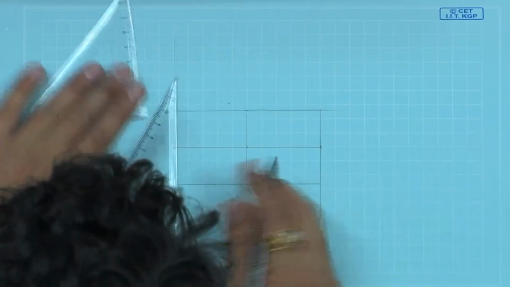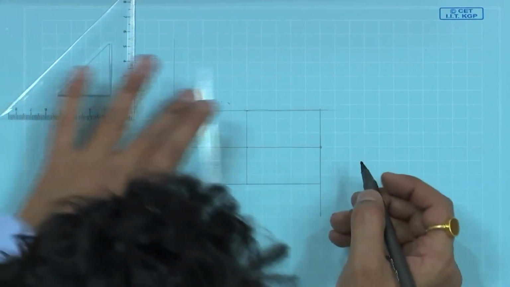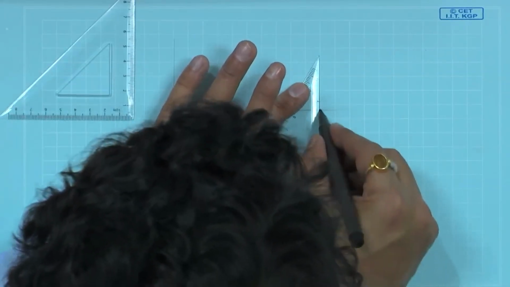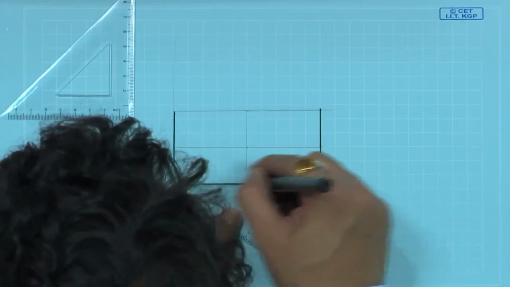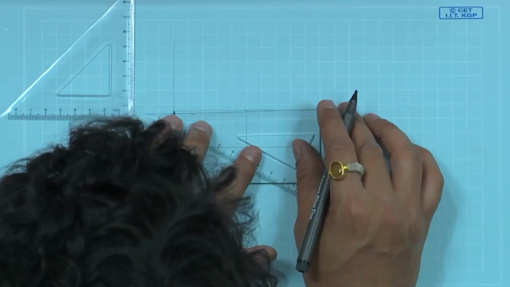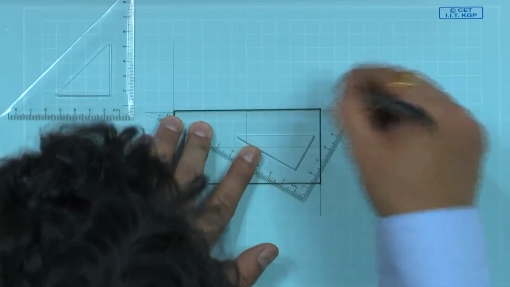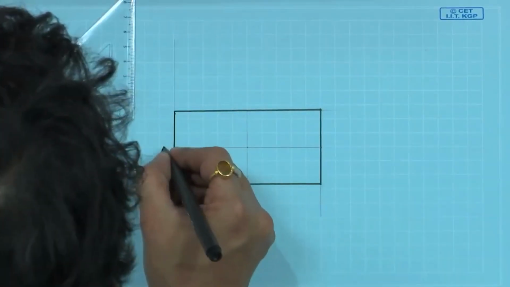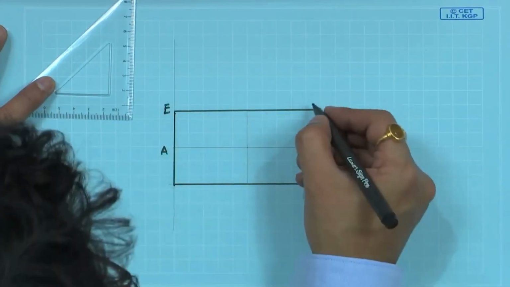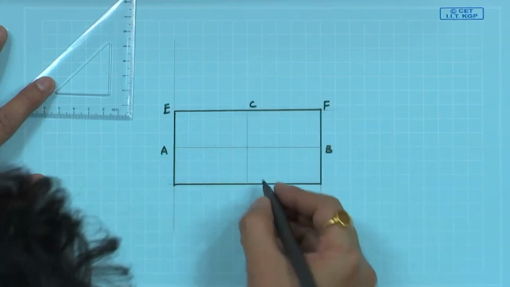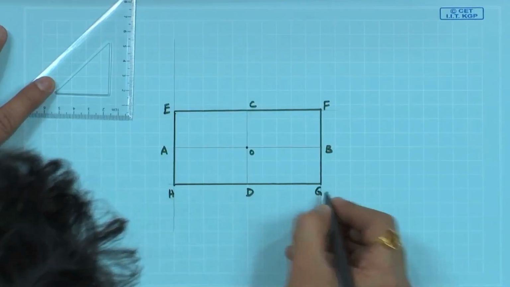So, we have constructed a rectangle, let us name it. Once it is done, name A, B, E, F, C, O, D, H, G.